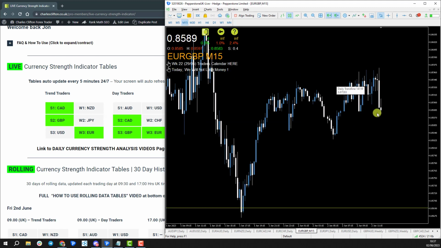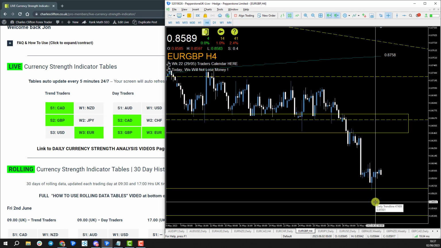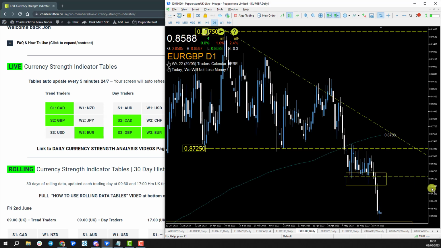If we go to a lower time frame, starting to see price break lower again. So Euro Pound could definitely be heading down to those key targets at the 0.8550 handle. So that's something to be focusing on there.